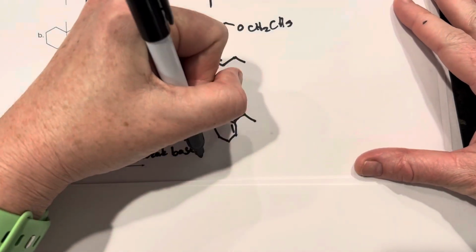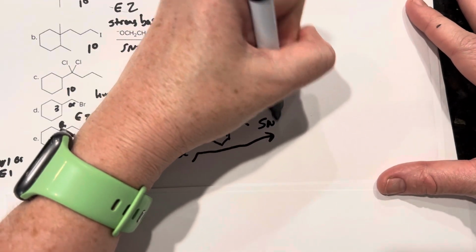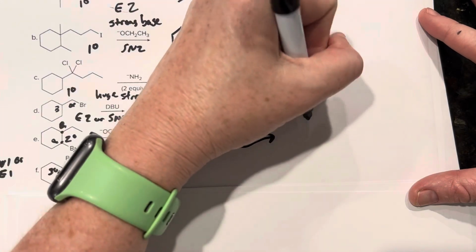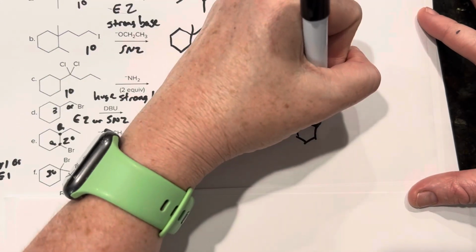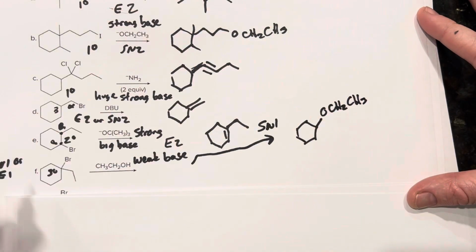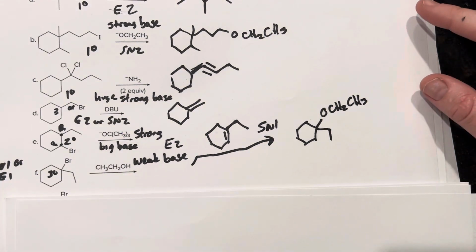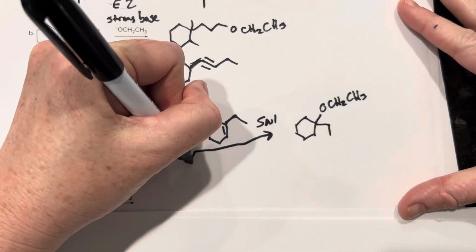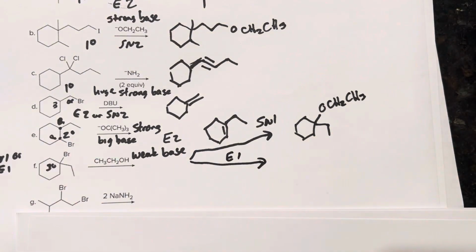If we go via SN1, we're just gonna do that substitution. And we'll have it going up to O, CH2, CH3, and then our ethyl group like that. So that'd be our SN1 reaction, and our E1 reaction.